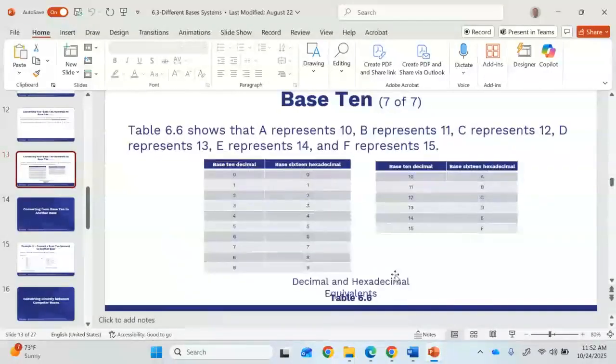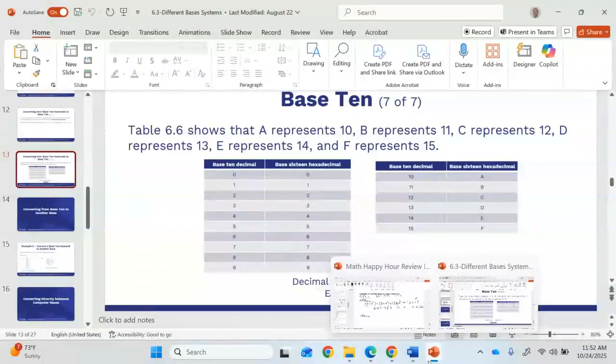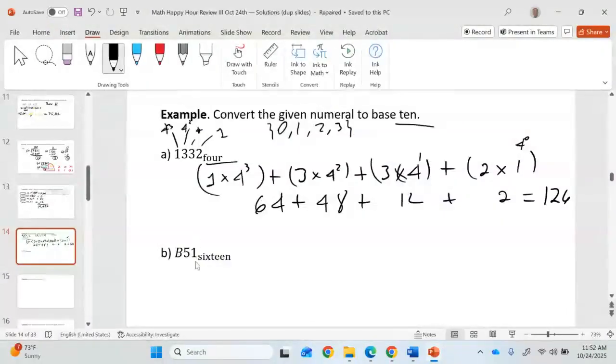Oh, it was here. I apologize. So after you pass base 10, then base 10 has digits 0 through 9. And then to represent the 10, you're going to need A, B is 11, C is 12, D is 13, E is 14, and F is 15. So when I go back, I remember I saw a B.